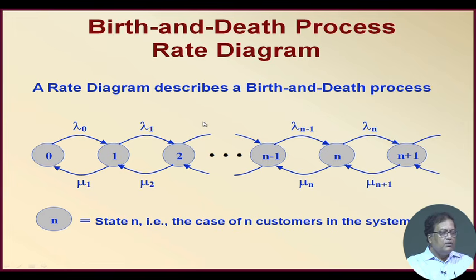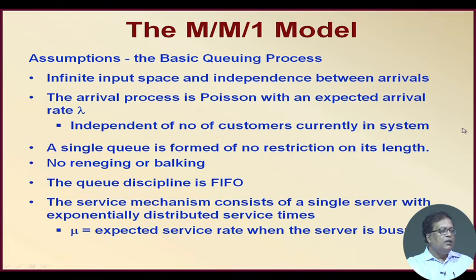So, this is the essential idea of how birth and death processes can be modeled with the help of a rate diagram. Now, let us make some very basic assumptions and consider the simplest model, the so called M/M/1 model. In an M/M/1 model, what happens? We have these assumptions.